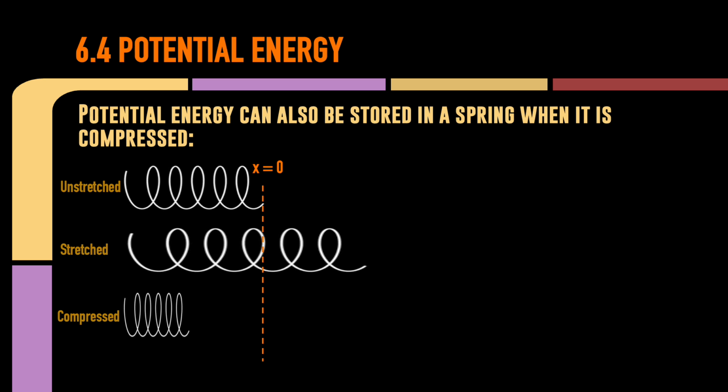When I stretch the spring, I'm providing a force external to it, so I'm pulling it away, which means the spring has to pull backwards towards itself. If I compress the spring, that means I'm pushing down on the spring, and the spring must try to push me outward. So depending on whether I'm stretching or compressing a spring, the spring is either going to push me away or pull me back in.